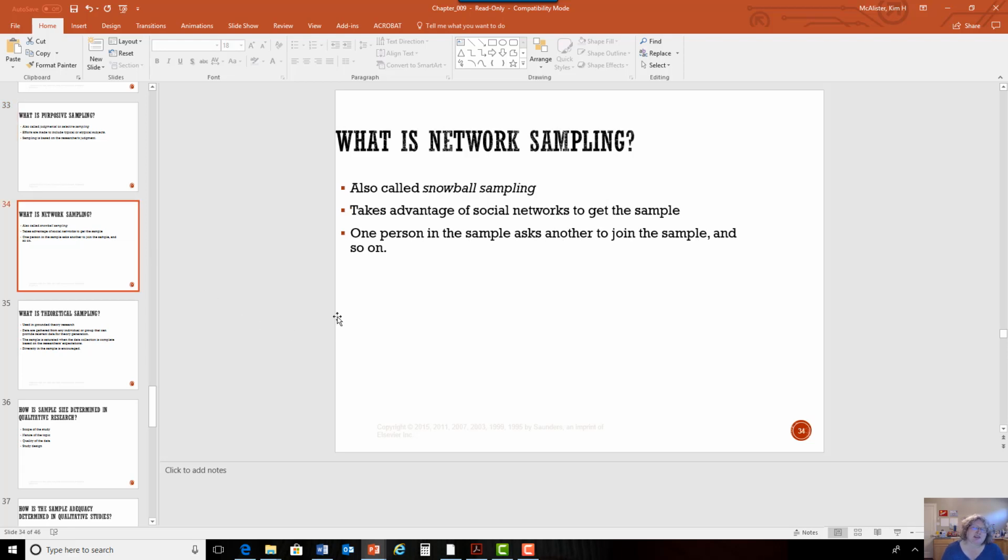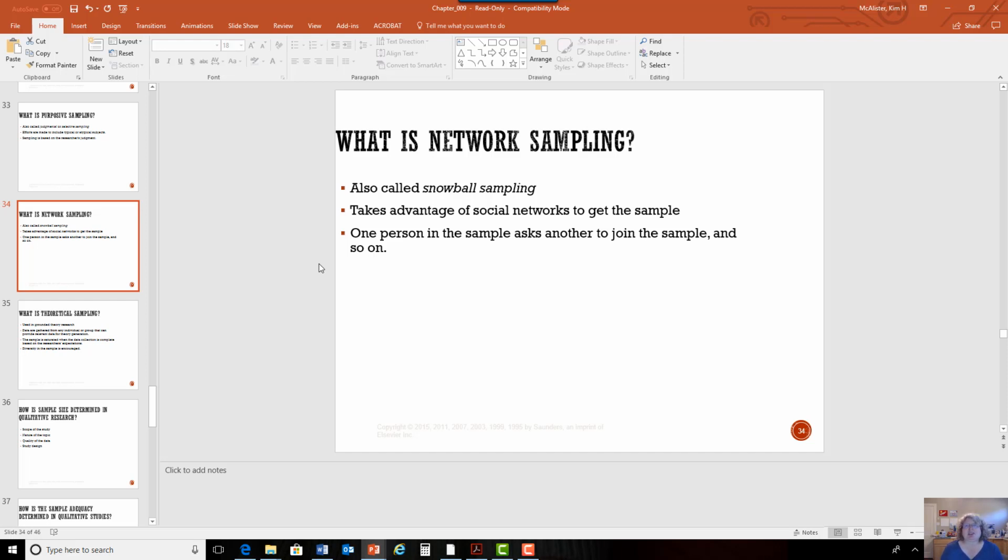Another type of non-probability sampling is network sampling, and this is better than purposive sampling. With snowball, you identify maybe one or two people for the study, and then you ask them to identify other people. So it's kind of, okay, come and participate in my study, and other people that you know with the same issue or with these criteria, invite them to come too.